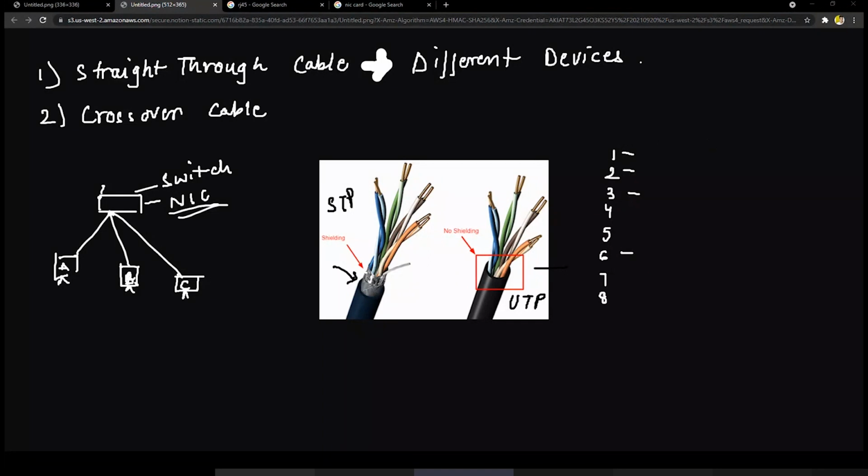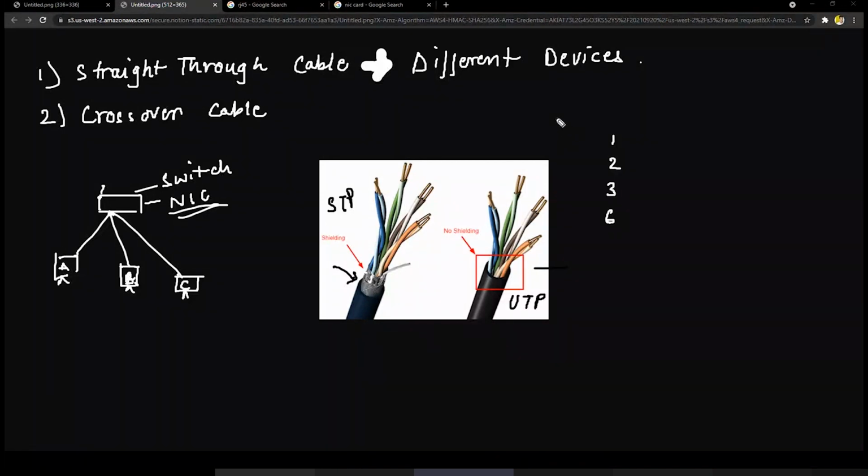So these pins act as a transmitter or as a receiver for the device, so that the information can be transmitted to the other device, or can be received from the other device. So we have 1, 2, 3 and 6.